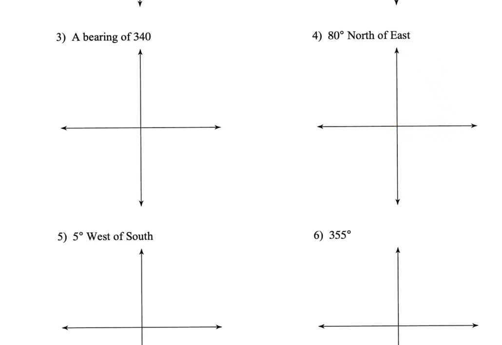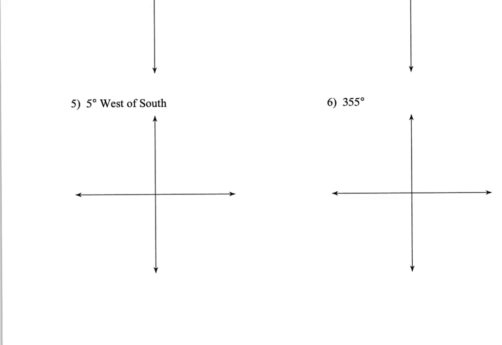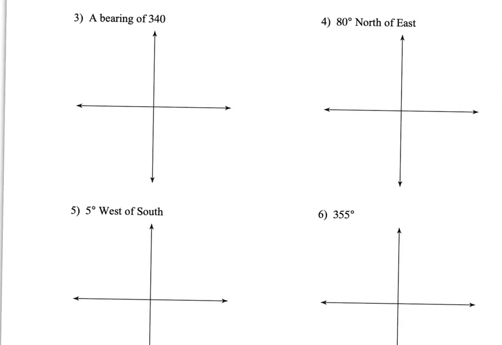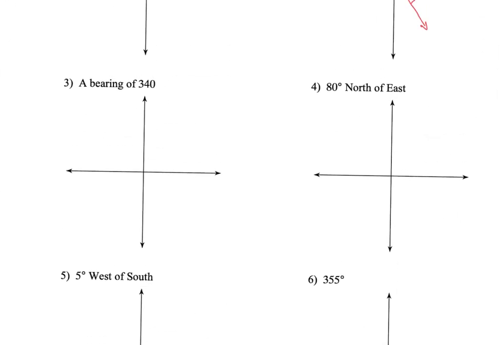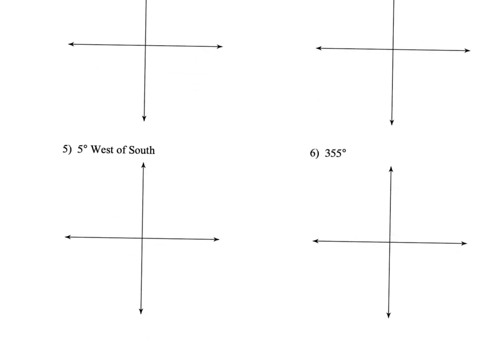If it is west of south, then I'm going to start at south and go west and draw that. Again, sometimes when they hand it to you, they give you your reference angle. Sometimes they don't, because you will not be given what is closest to the x-axis. Again, you're going to sketch it, and then the reference angle is closest to the x-axis.